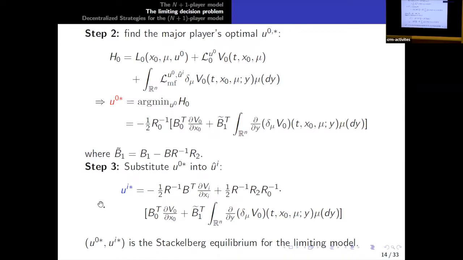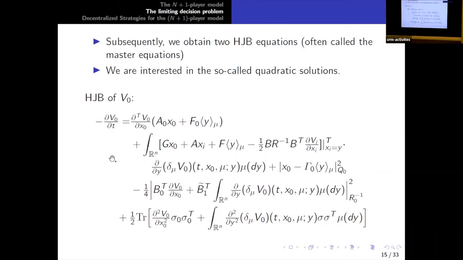So by the 3 steps here, we can see a clear leadership by the major player. So by the previous 3 steps, in the end, we can derive the following 2 HJB equations.